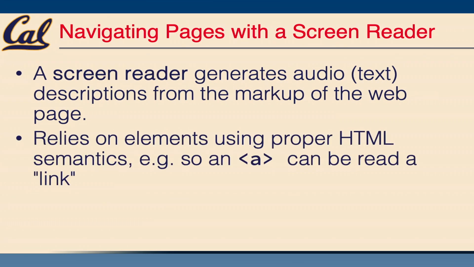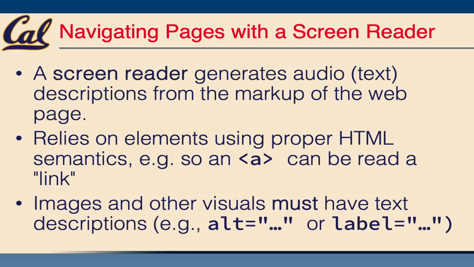Screen readers rely on the semantic properties of HTML elements, such as using a link as the mechanism for navigating a user, or labeling something as a button such that the screen reader knows that this is a thing that could conceivably be clicked on in some form. The goal of a screen reader is to also look for things that are not necessarily visual in nature, like images, but to then find text forms of those images, or if you use iconography, such as a speech bubble icon, perhaps.